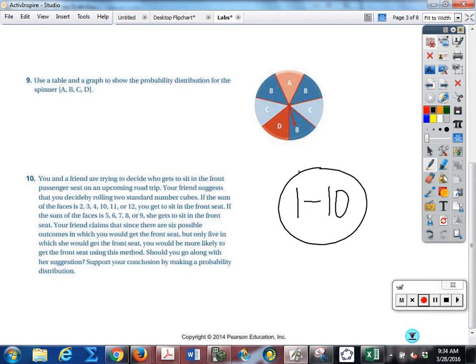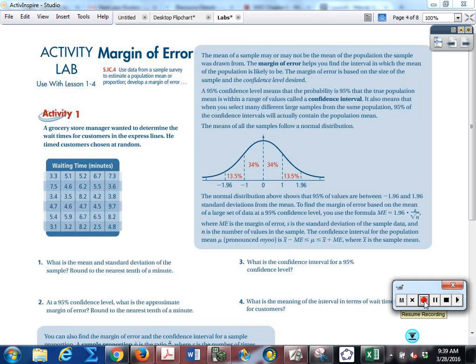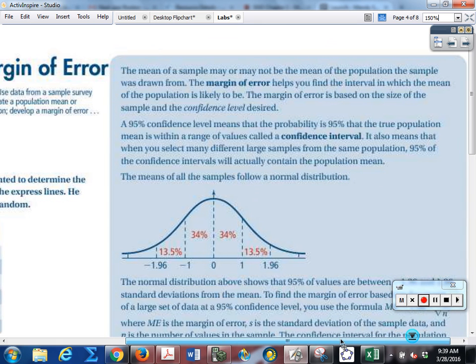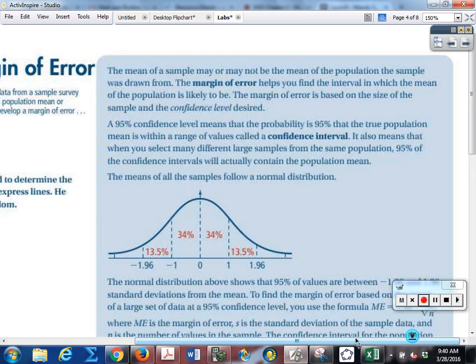It says, and it makes sense if you look at this first top part up here, the mean of a sample may or may not be the mean of the population, right? That makes sense. You have a population. When you do a sample, they may not have the same mean. The margin of error helps you find an interval in which the mean of the population is likely to be.